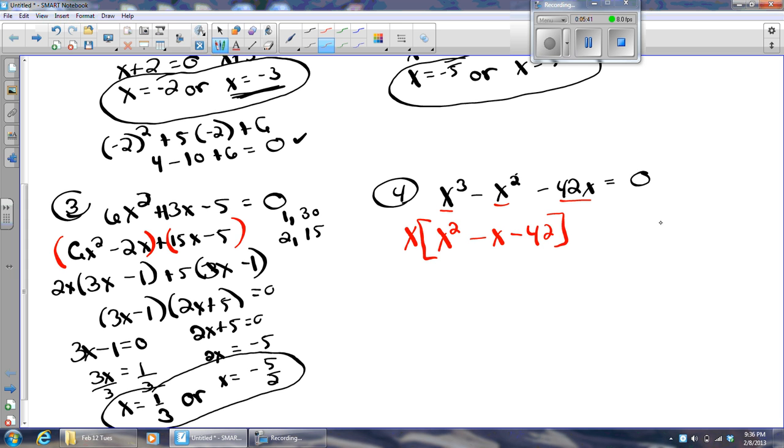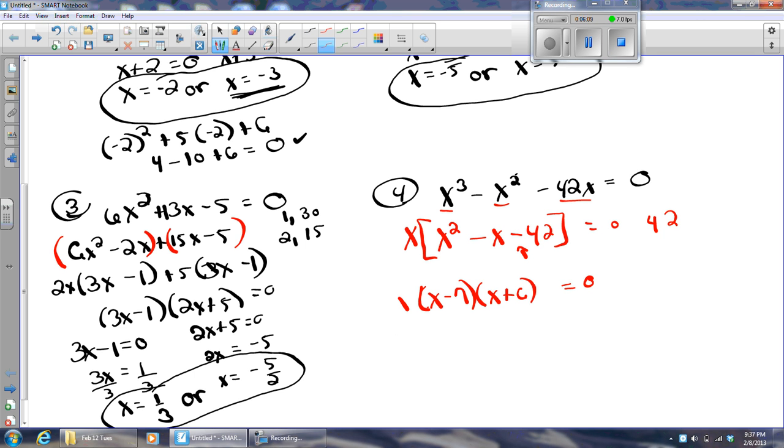Now, I need factors of 42 that subtract to get -1. X stays out front. I'm going to get an x minus 7 and an x plus 6. That, of course, is going to equal 0. And I really shouldn't have that bracket there anymore. Sorry, let me get rid of that.